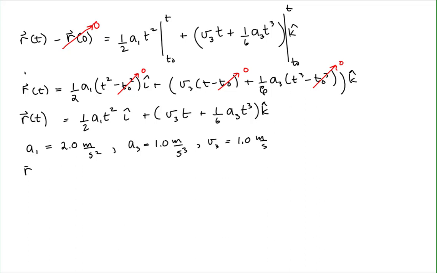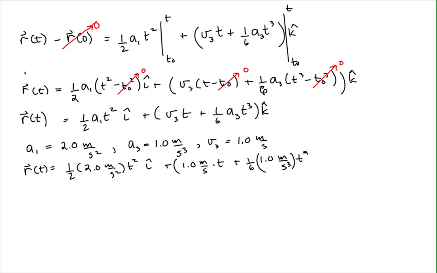With these values, we could write that the position function is equal to 1/2 times 2.0 meters per second squared, t squared is the x component, plus 1.0 meters per second times t plus 1/6 times 1.0 meters per second cubed, t cubed, for the z component.